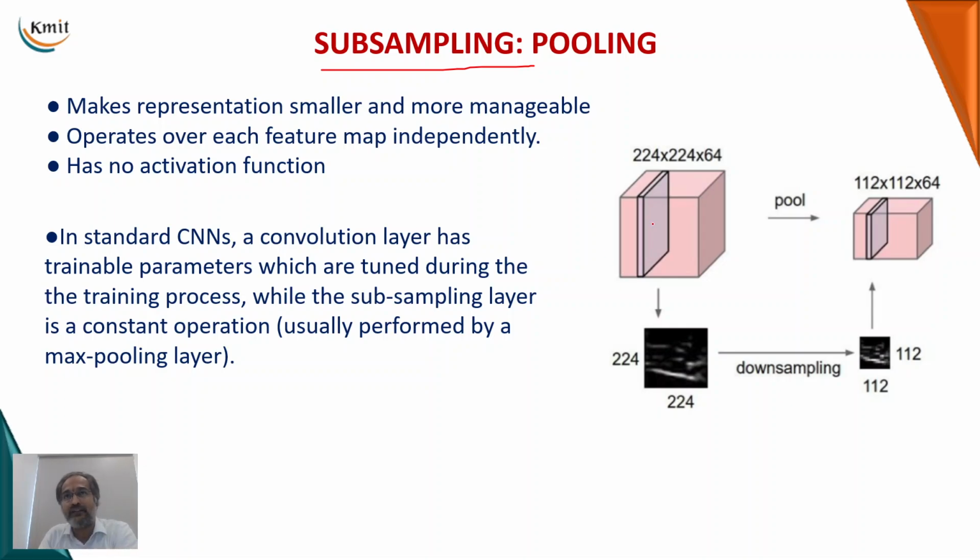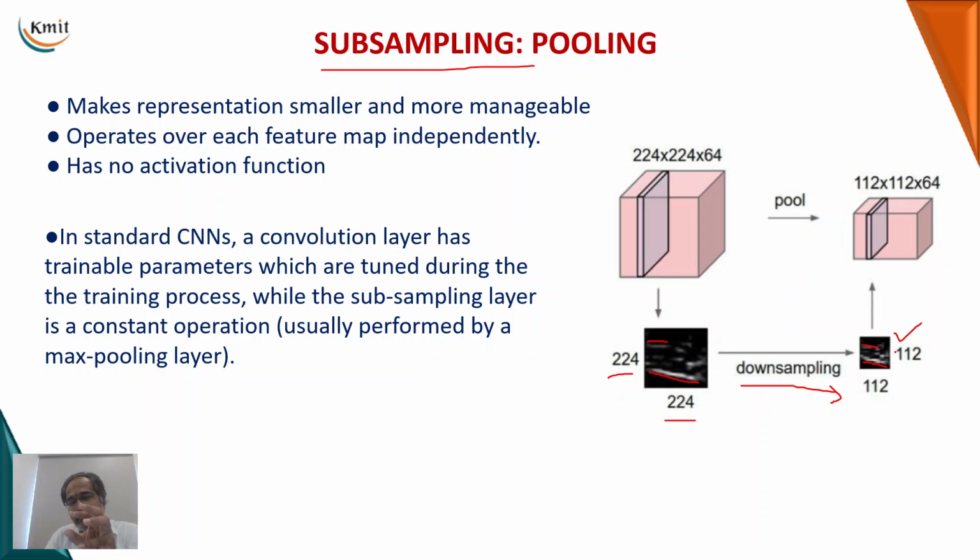Now you can observe that this is the 224 by 224 image that is given to the pooling layer. If you apply the pooling layer, that is the downsampling, to 112 by 112, and if you observe this edge, it is having some intensity. Now you can observe that the intensity is not missing.